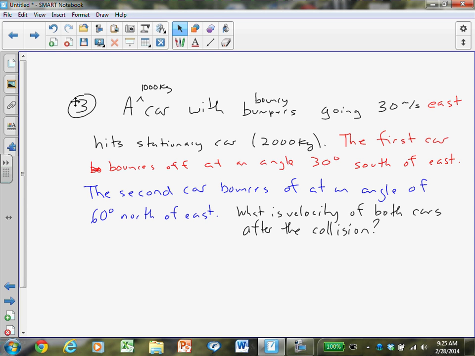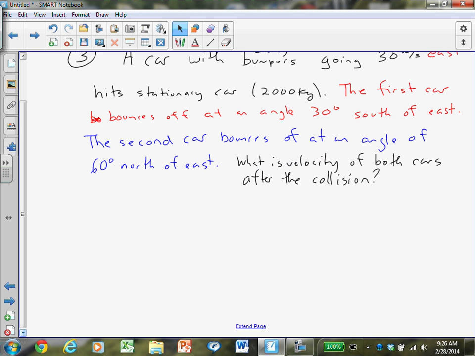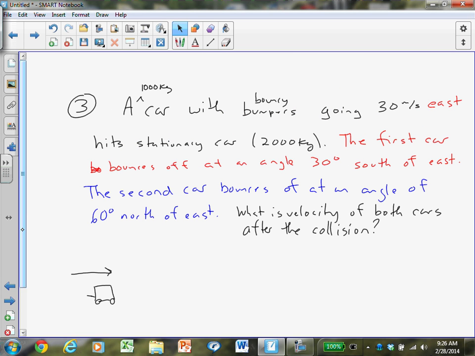I'm going to go with plan view on this one, like north, south, east, west, like that. Here's the first car moving along, like so. And then that car hits the stationary car with the big heavy tires on it.